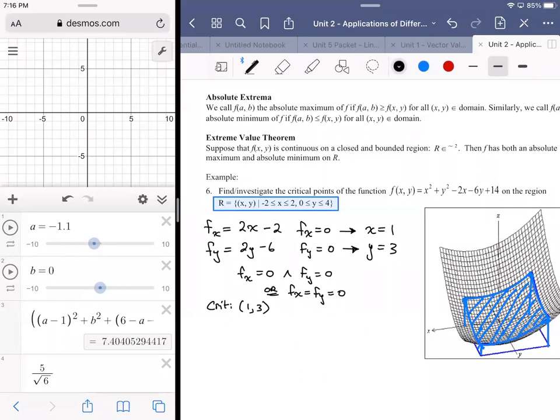We also have the bounds to be concerned with because we're looking for, oh, you know what? Now that I think about it, there is a flaw in the way the question is structured. Find the absolute extrema of the function.